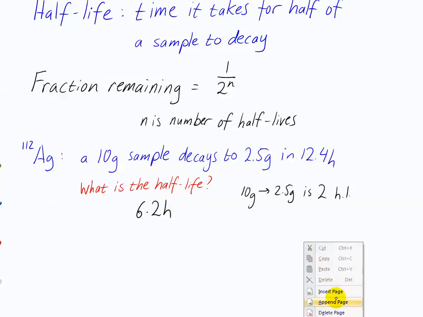Next one. I'll give you a little less help with this one. We're going to look at strontium-90, which is one of the elements that we looked at in the decay samples there. Strontium-90 has a half-life of 28.5 years.